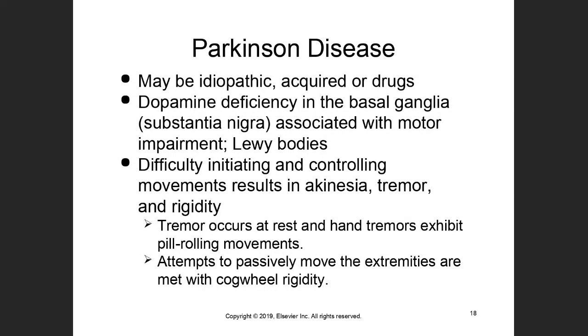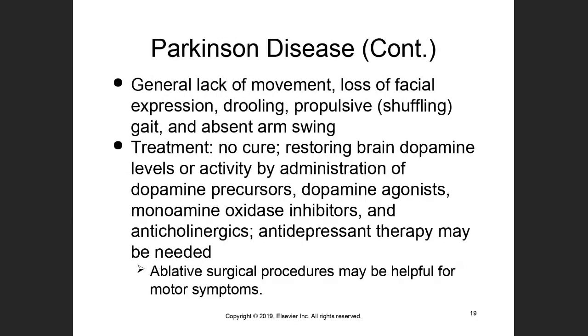Attempts to passively move the extremity are met with cogwheel rigidity, general lack of movement, lack of facial expression that's common in Parkinson's, drooling, fixed stare gaze, and absent arm swing.